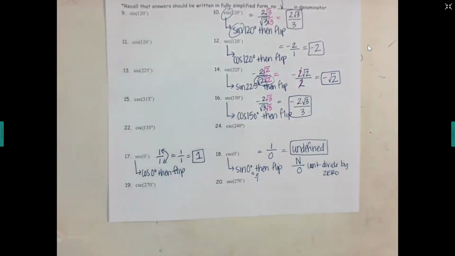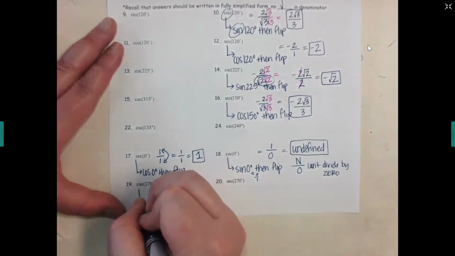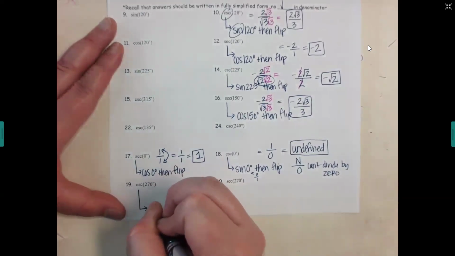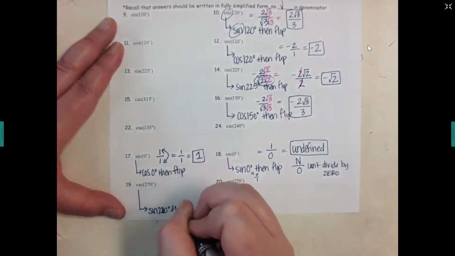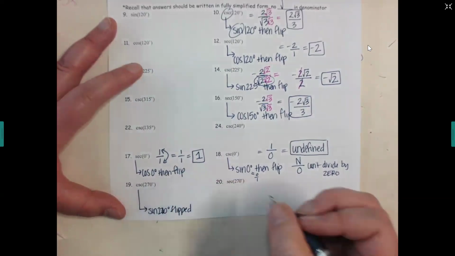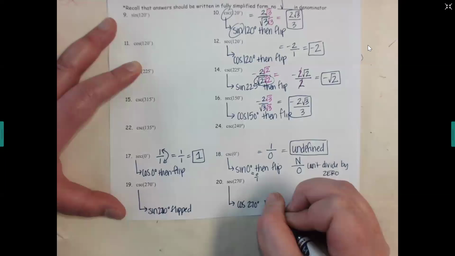All right, let's do last two here. We want 270 degrees. CSC is going to be sine of 270 flipped. And then SEC is going to be cosine of 270.